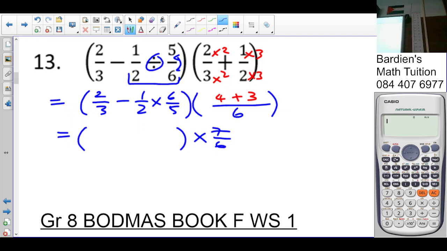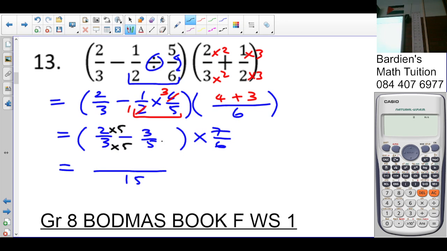If we look at the multiplication, is there anything I can cancel or simplify there? Yes. 2 goes into 2 once, 2 goes into 6, 3 times. So I got 2 over 3 minus 3 over 5. People, what's your LCM here? 15. You drop the bracket. So this is multiplied by 5, this is multiplied by 3.